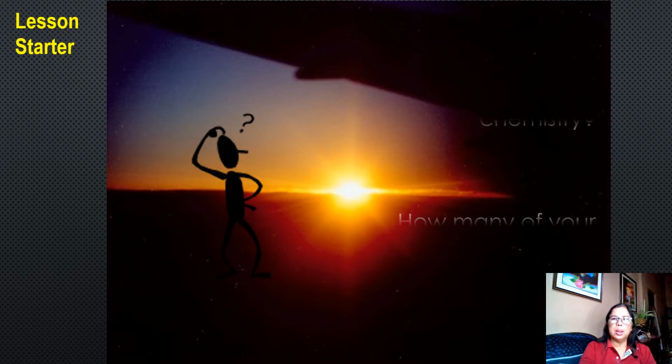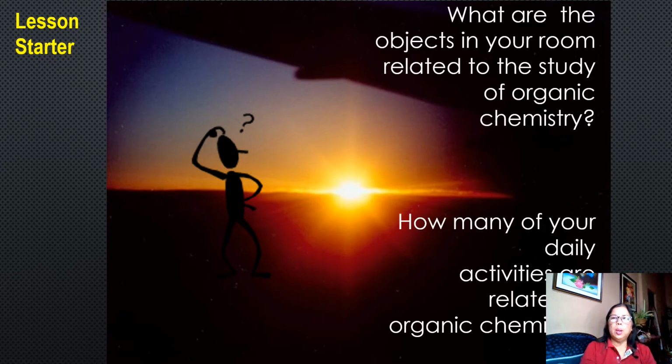Okay, the question is, what are the objects in your room related to the study of organic chemistry? For this time, what are the objects in your house related to the study of organic chemistry? If you are inside UNP, the question might go this way: what are the objects in your classroom related to the study of organic chemistry?